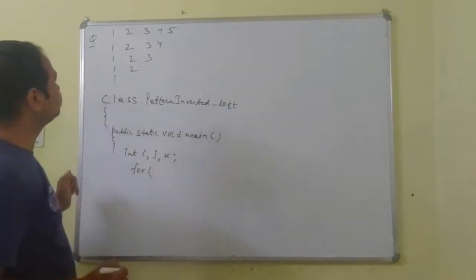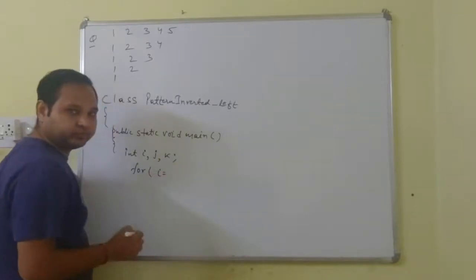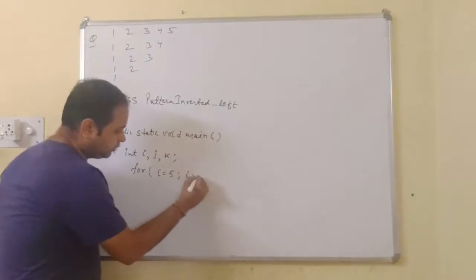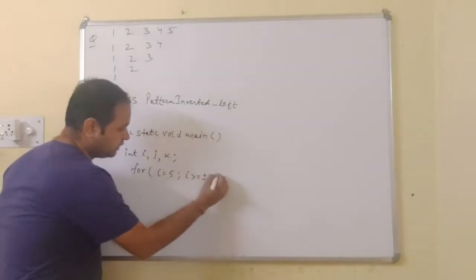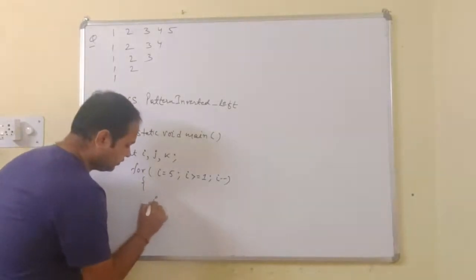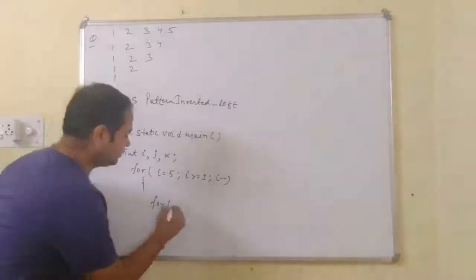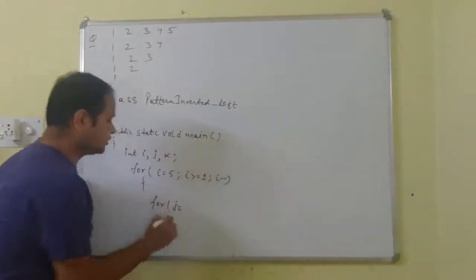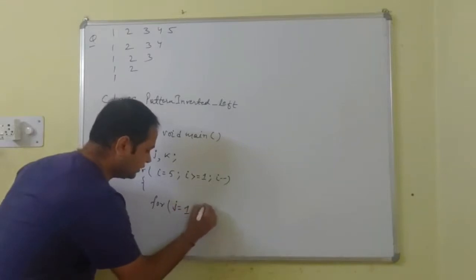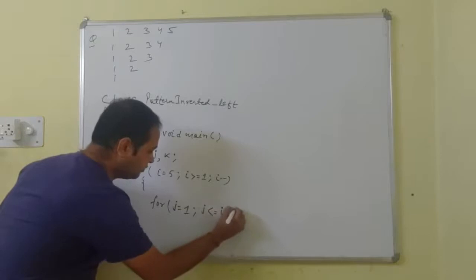For i equals to 5, i greater than equals to 1, i minus minus. Then I write for j equals to, initialize with 1, j less than equal to i, j plus plus.